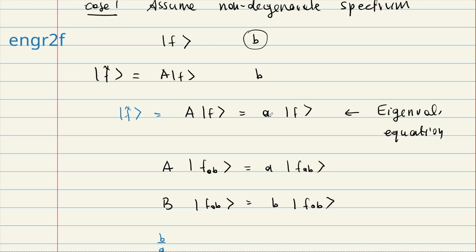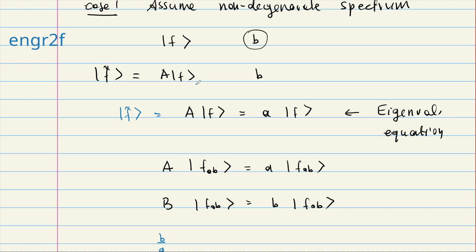It's a completely different thing from little b and big B. It has nothing to do with that. But the thing is, it's a number. And as soon as we write this number, this is an eigenvalue equation, which means we can write simultaneous eigenvalue equations for A and B.